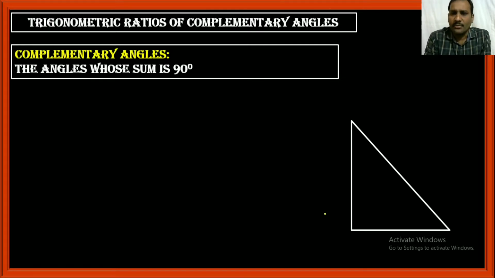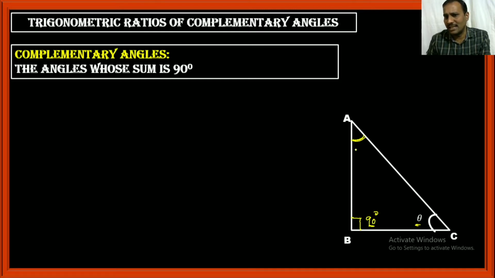Let us see. Consider a right angle triangle ABC, right angled at B, and let angle C be equal to theta. What is the sum of the angles in a right angled triangle, or any triangle? It is 180 degrees. So this is 90 degrees, and the sum of these two angles will be 90 degrees.